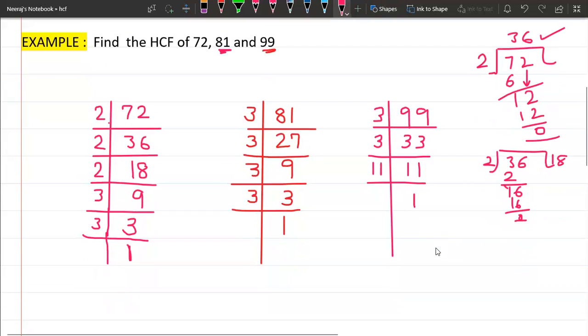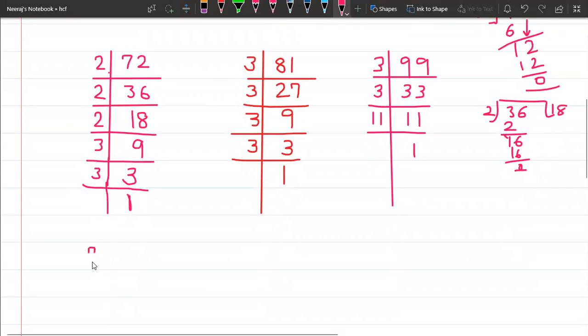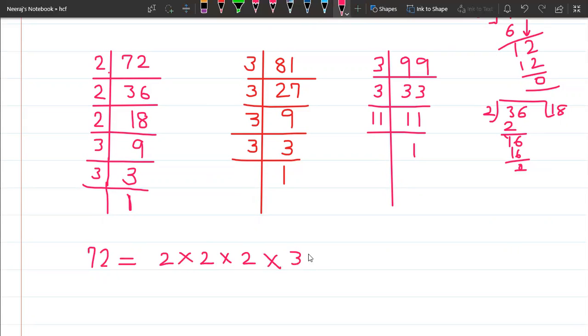Now we will write, what will be the next step? We will write the prime factorization of all three numbers. So firstly we will write 72. The prime factorization of 72 is 2 multiplied by 2 multiplied by 2 into 3 into 3. So we have to write like this: 2 multiplied by 2 multiplied by 2 multiplied by 3 multiplied by 3.